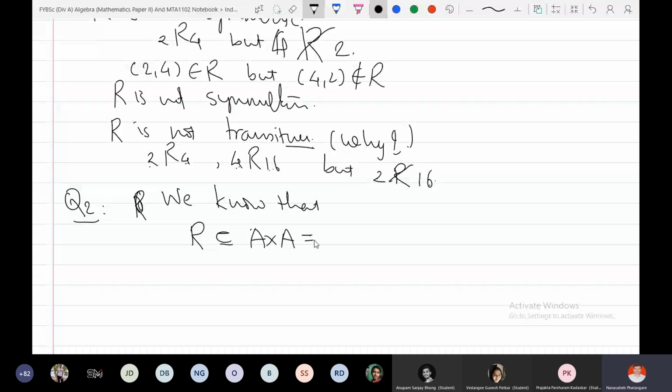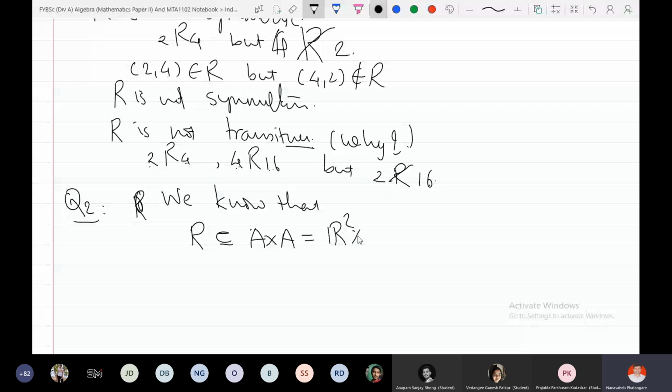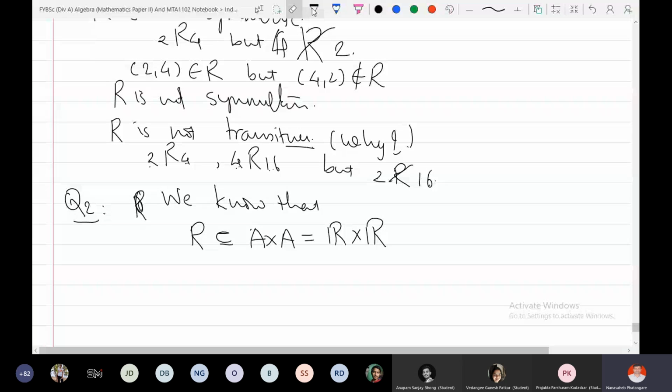But in this case, what is A cross A? R cross R, because A is the set of real numbers. So what is R cross R? Do you know what R cross R is?